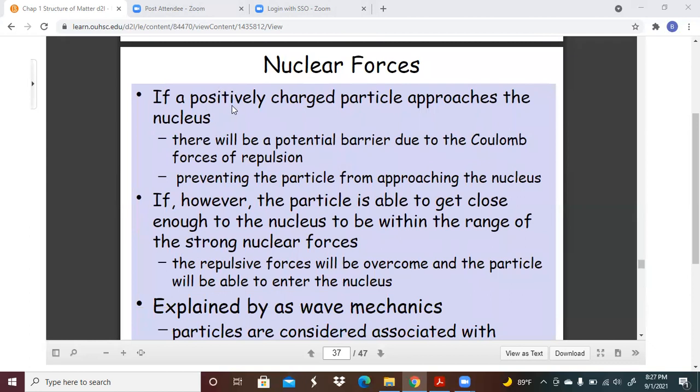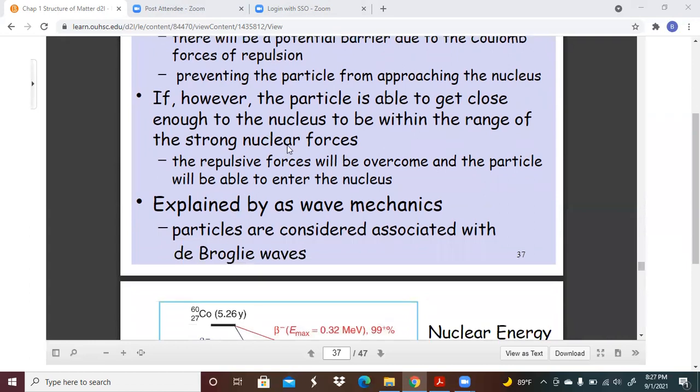If a positively charged particle approaches the nucleus, there's going to be a potential barrier due to the Coulomb forces of repulsion. In other words, exactly how many more positive charges are you going to be able to add, because there ain't no room. But this is going to prevent the particle from approaching the nucleus. But let's say the particle is able to get close enough to the nucleus to be within range of the strong nuclear force.